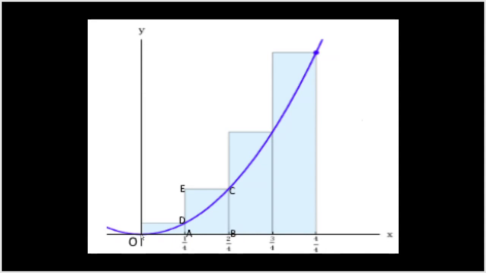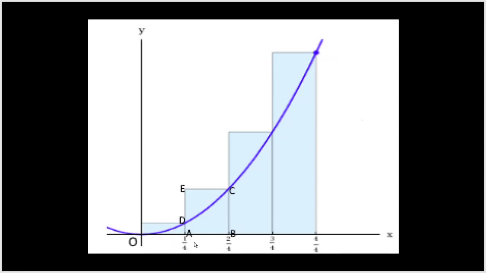This point has x coordinate 0, and this point on the x-axis has the coordinate 1, so the function is treated as a function defined from 0 to 1.